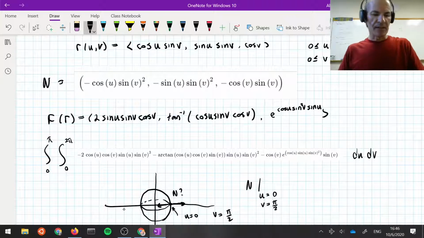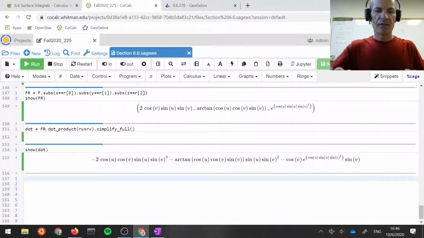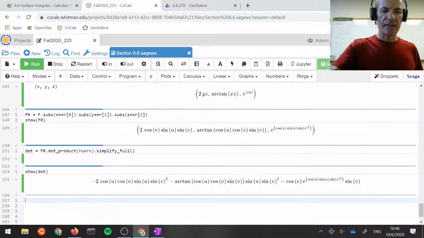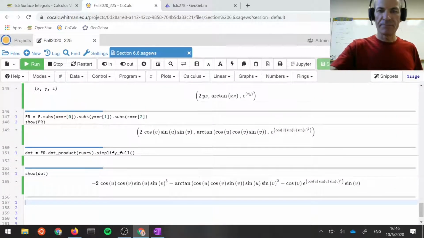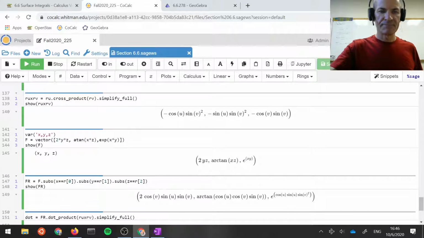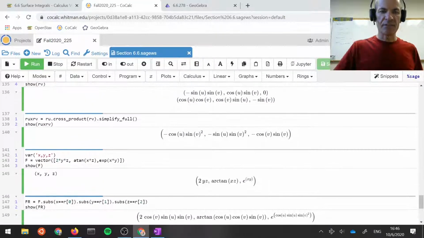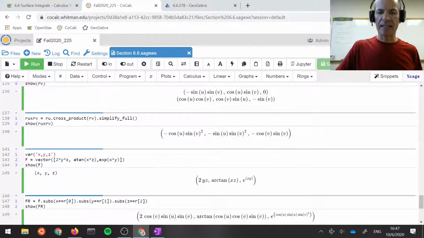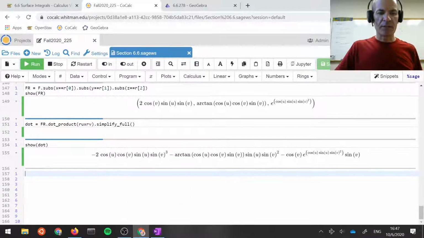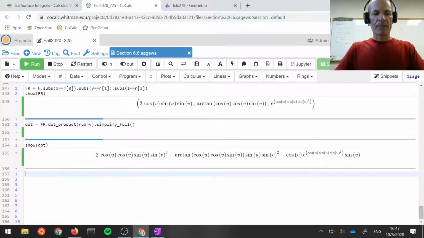Let's go do that, and I think we can do that in Sage. We've got our n here somewhere. Yes, it's what we're calling r_u cross r_v. I could have called it n. And let's evaluate r_u cross r_v.